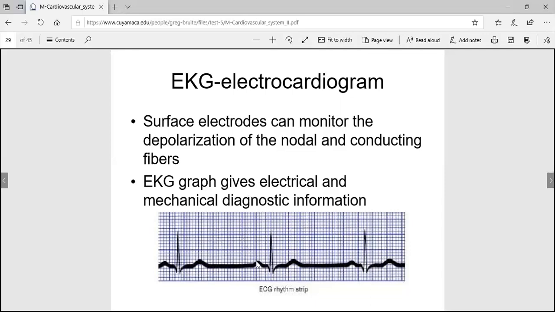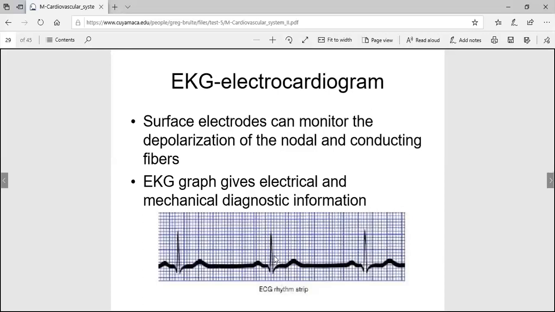You can tell electrical problems. If this P wave was scooted down here and it was taking a long time before the depolarization got to the ventricles, you might have some kind of electrical block. So you can tell electrical problems with the intrinsic conduction system. And if you had a heart attack, it's going to kill off some cells, right?